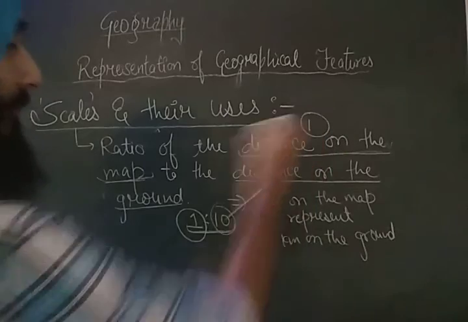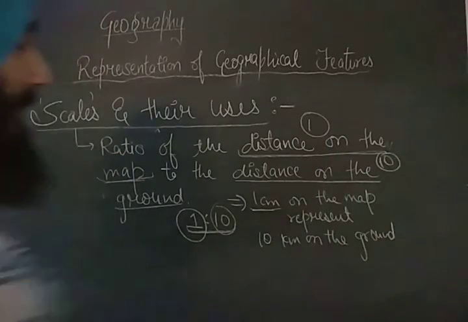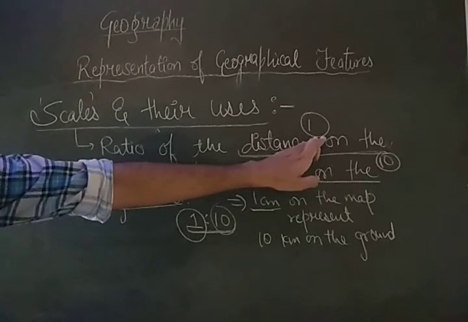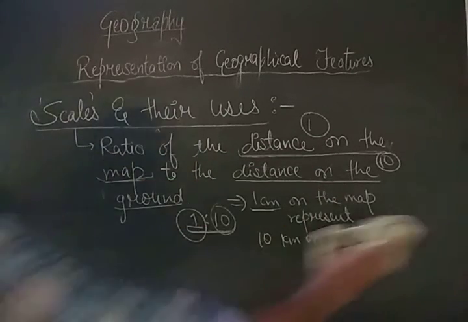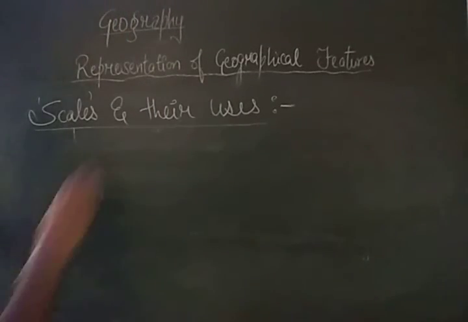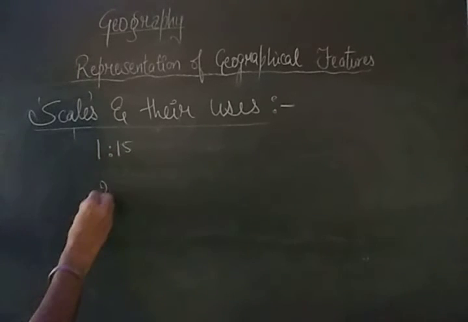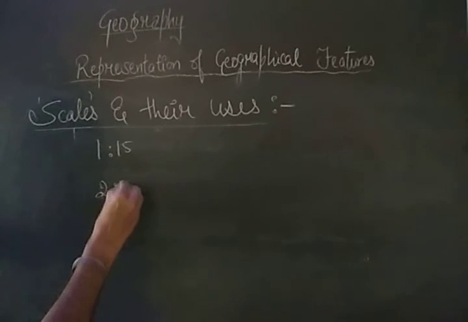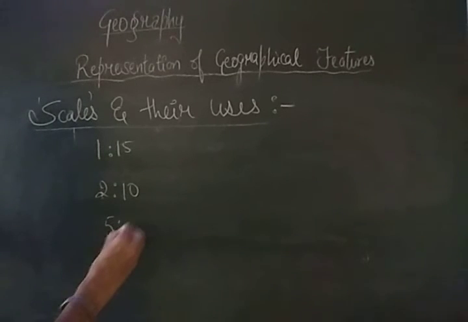Distance on the map is 1, distance on the ground is 10, which means 1 centimeter on the map represents 10 kilometers on the ground. If I have a scale of 1:15, 2:10, 5:20, what does it mean?